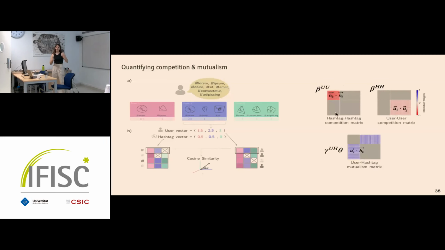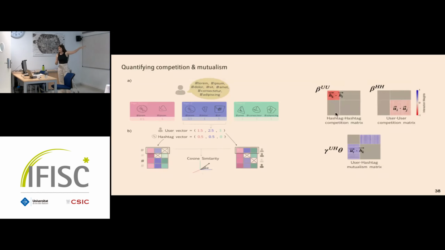If two hashtags belong to just one topic, then they are going to compete for the same set of users, so their projection is going to be high, so it's competition. The same goes for users. In the sense of mutualism, if a user and a hashtag are very aligned in the topics they care about, then they are going to interact mutualistically more strongly.